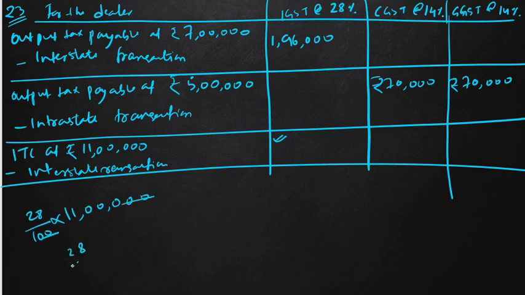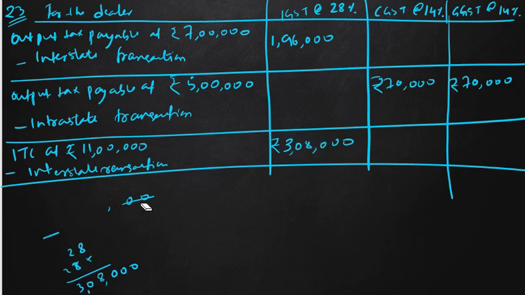IGST is 28%, so 28% of 11 lakh. If we calculate, 1 8 is 8, 1 2 is 2, 1 8 is 8, 1 2 is 2, and 8 plus 2 is 10, carry 1, making 3, then 3 zeros. That means 3,08,000. So he has ITC in the IGST section of 3,08,000.